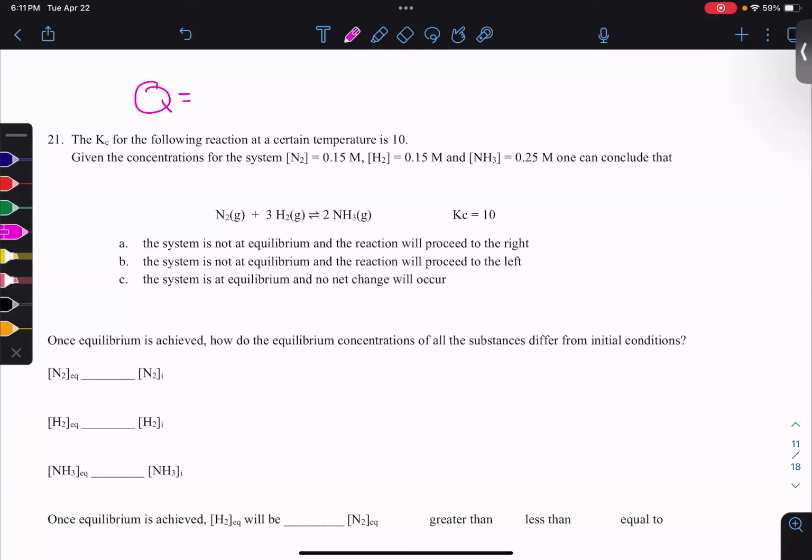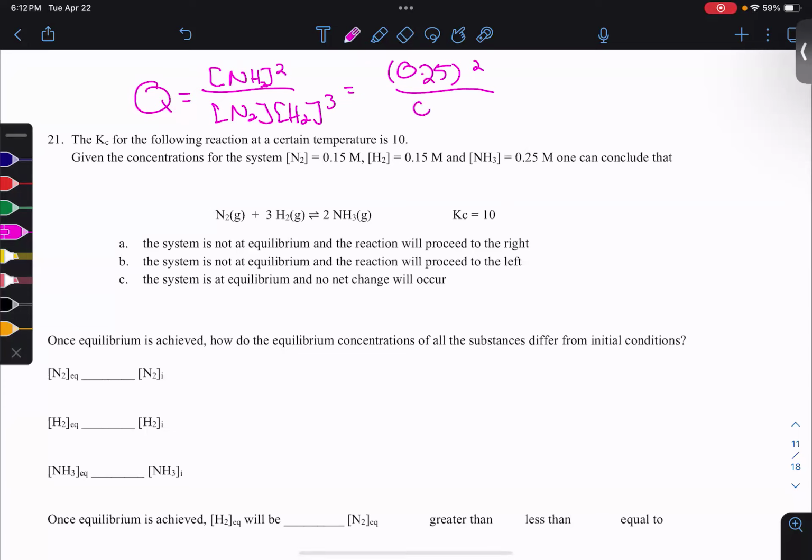So Q is also equal to the ammonia concentration squared over nitrogen times hydrogen cubed. So all these numbers are 0.15 squared. No, that's not right. 0.25 squared, and then this is 0.15 to the 4th power. So, yeah, okay.